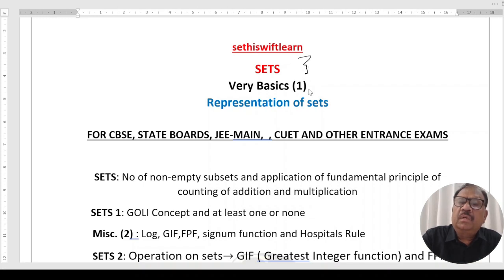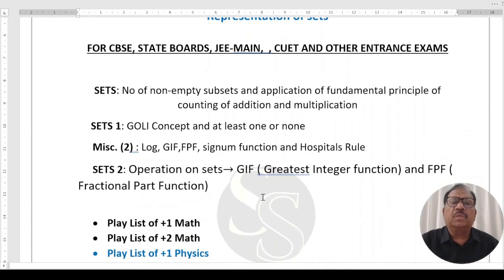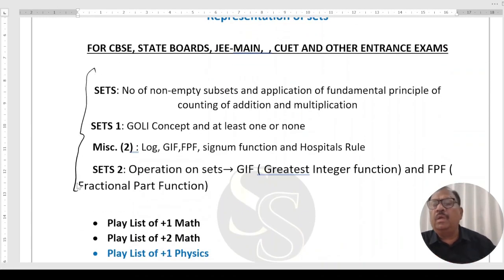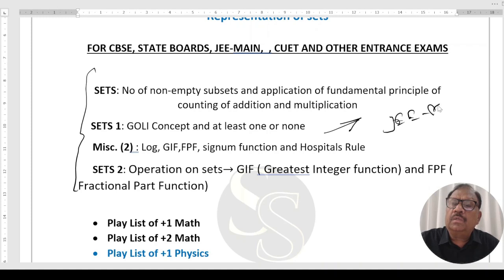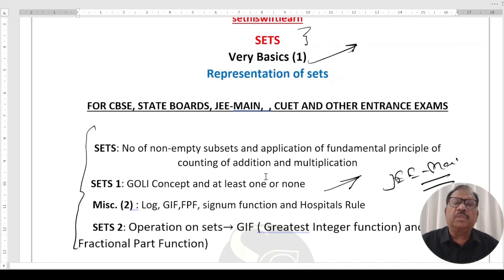In today's session of sets, very basic concepts of sets will be cleared using illustrations. In the earlier session, we discussed these concepts using illustrations from JEE Main, etc., which you can review on sethiswiftlearn.